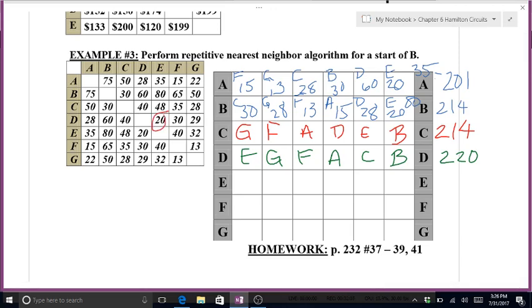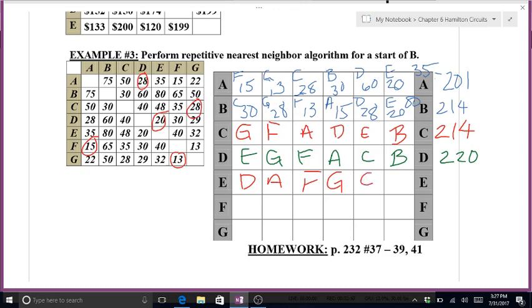So my shortest is D. E to D. D to, looks like A. A to F. F to G. And we've got to do B or C. From G, we've got to go to B or C, so I guess we're going to go to C now.